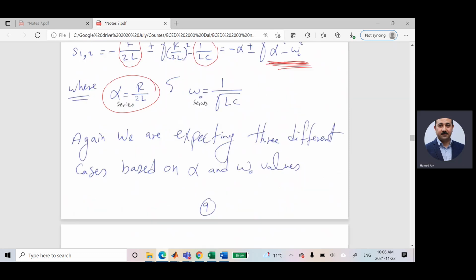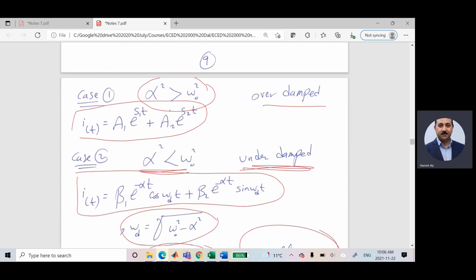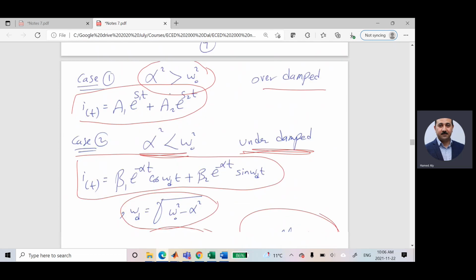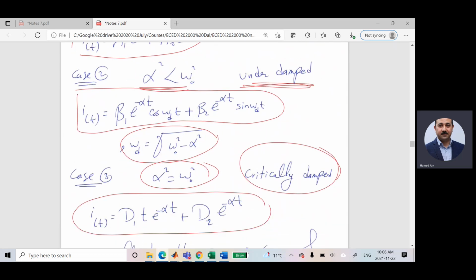Then based on that, I can choose one of three solutions. So the first step for solving any problem like that is to do what? To calculate alpha and omega. Then compare between them. And based on that, I can choose one of these three different solutions.